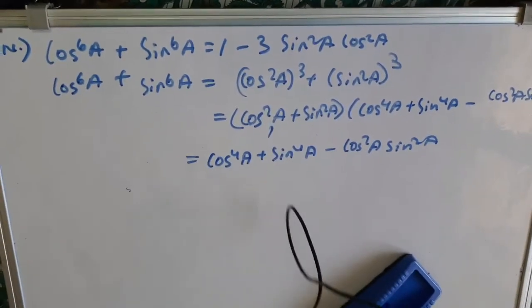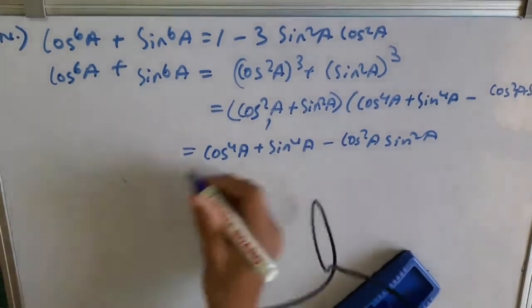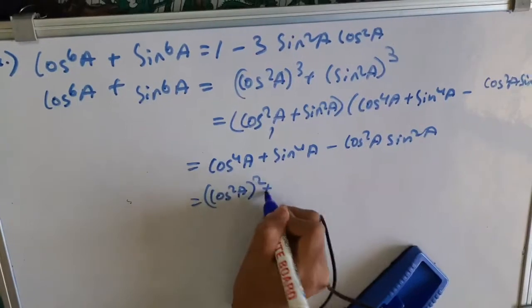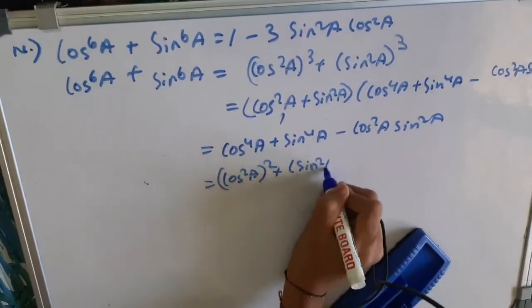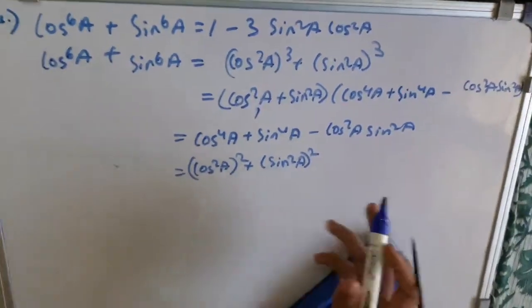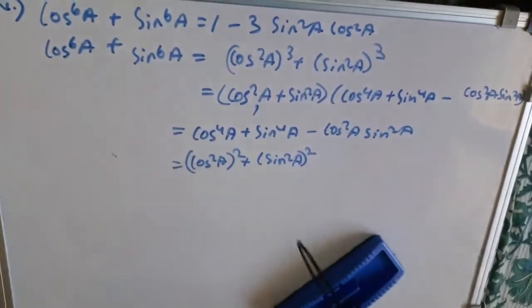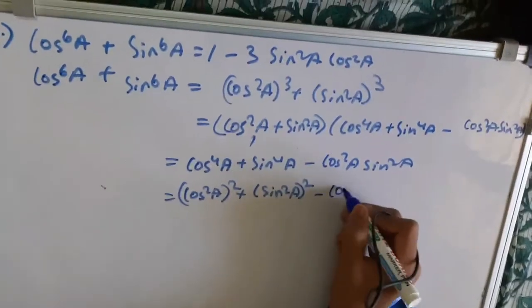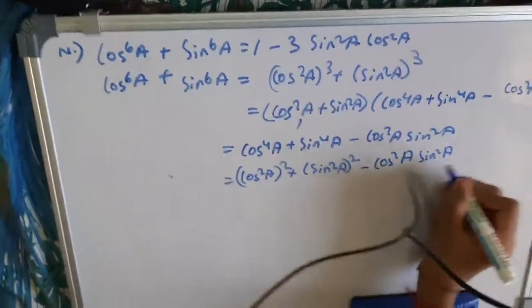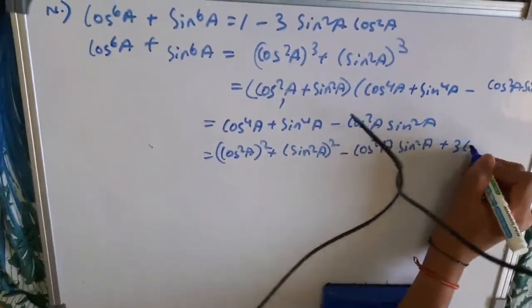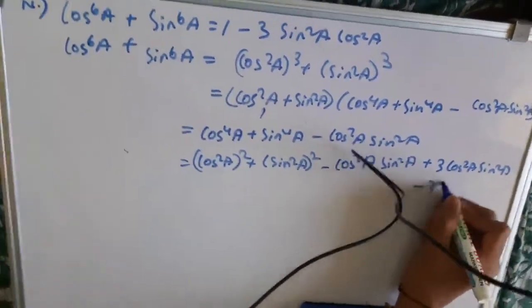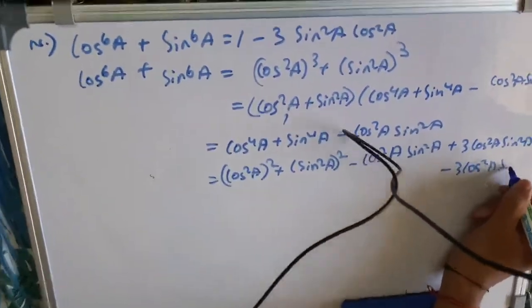Now what can we do here? See, this can be written as (cos square a) whole square plus (sin square a) whole square. Can we add and subtract terms like cos square a sin square a? So what I will do here is add plus 3 cos square a sin square a and minus 3 cos square a sin square a.